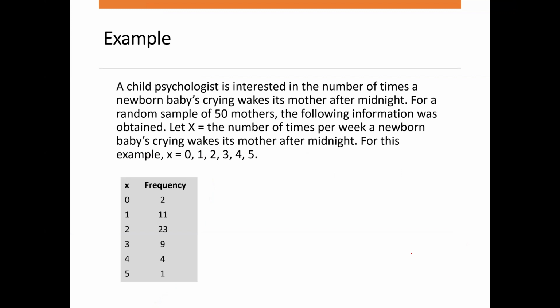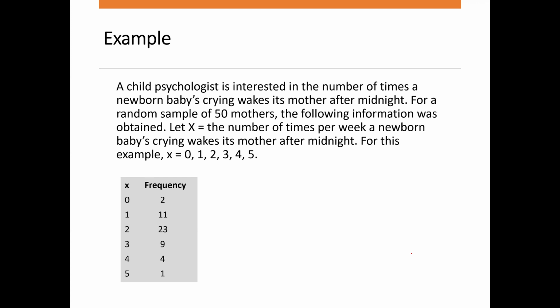A child psychologist is interested in the number of times a newborn baby's crying wakes its mother after midnight. For a random sample of 50 mothers, the following information was obtained. So we're going to let the random variable, capital X, be the number of times per week a newborn baby's crying wakes its mother after midnight.